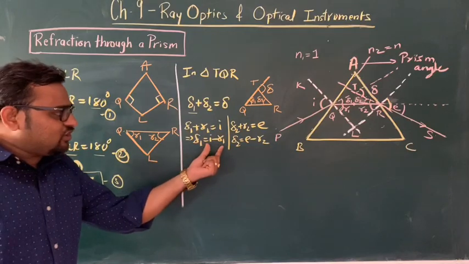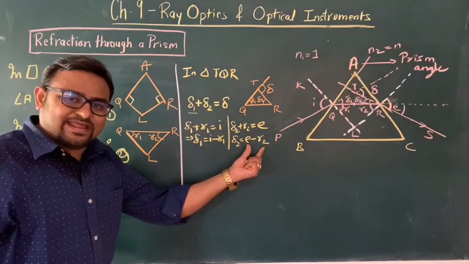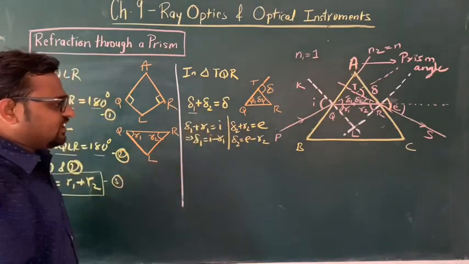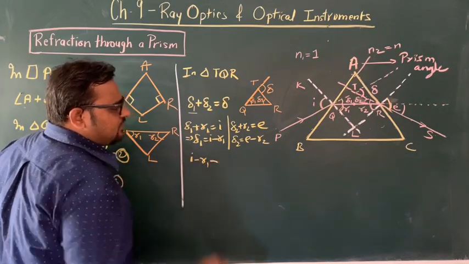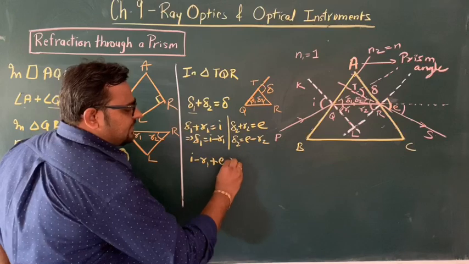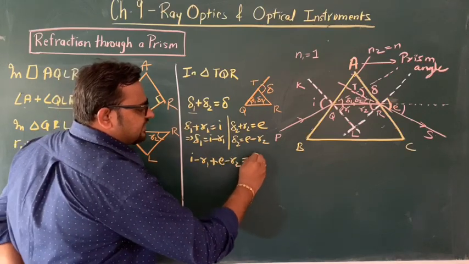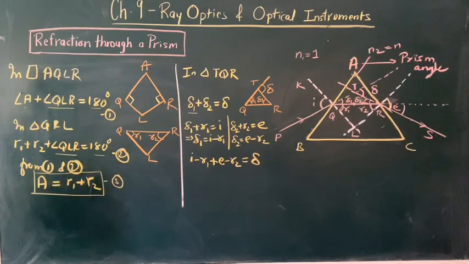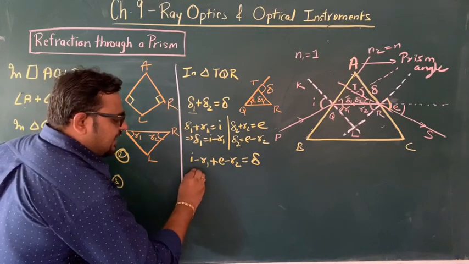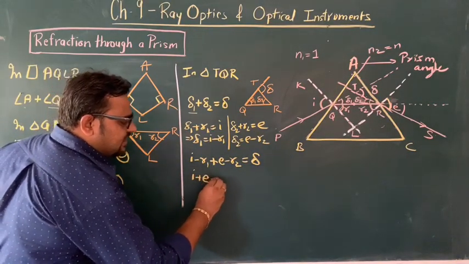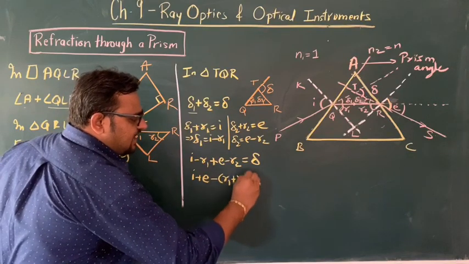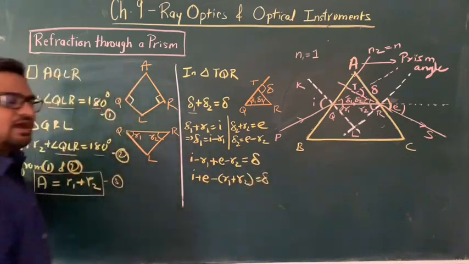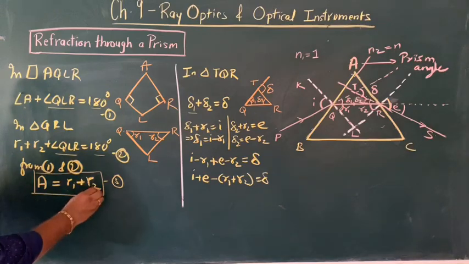So putting the value of delta 1 and delta 2 in this equation, I get I minus R1 plus E minus R2, that is equal to delta. So I plus E, I will take minus common, R1 plus R2 equals delta. Now what is R1 plus R2?